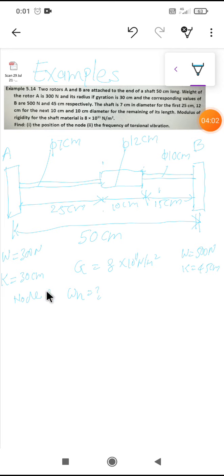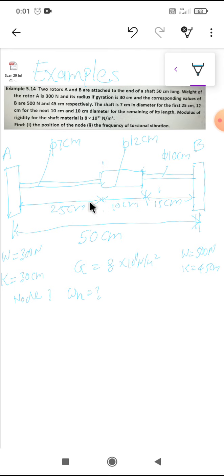If I have to find the node position, we only have the formula if the diameter is the same throughout. So we will convert the system into a single diameter system of 7 centimeter. If we are converting it, then the length will change.